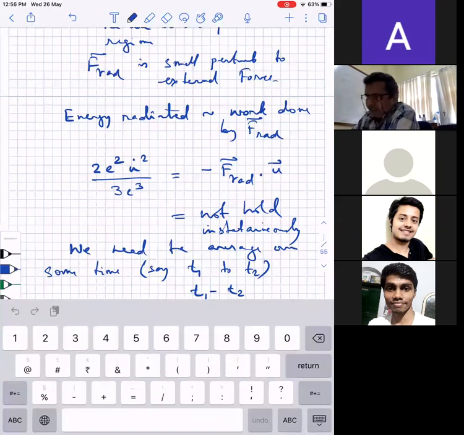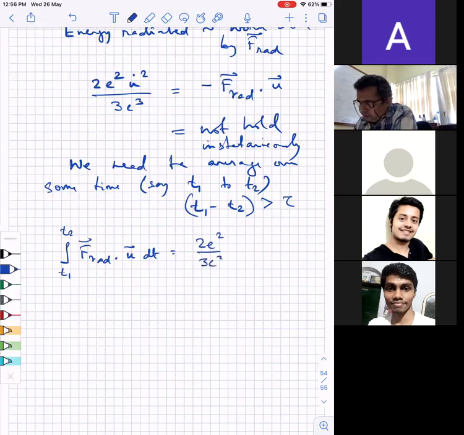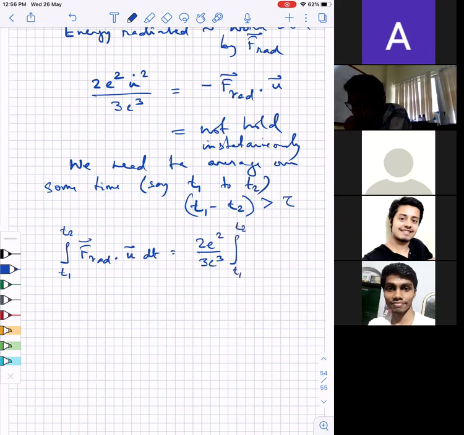I'm going to integrate both the sides, from T1 to T2, of the integral of F_rad dot U dt, which is equal to this integral 2e squared by 3c cubed. This is what it is.